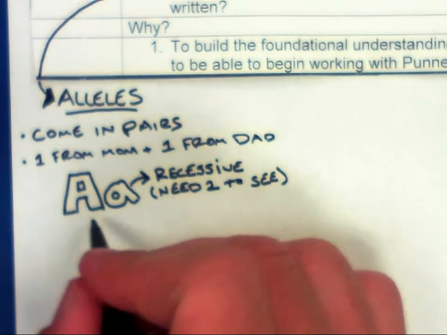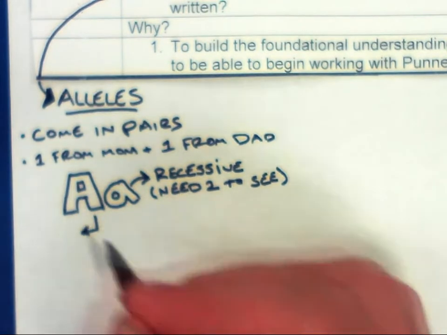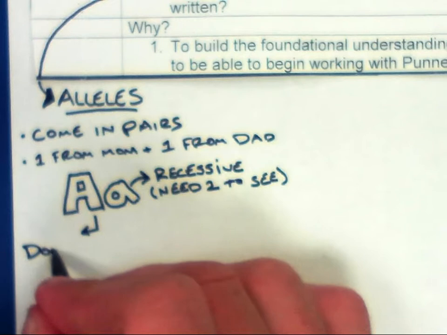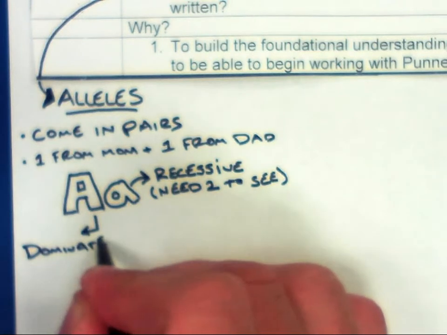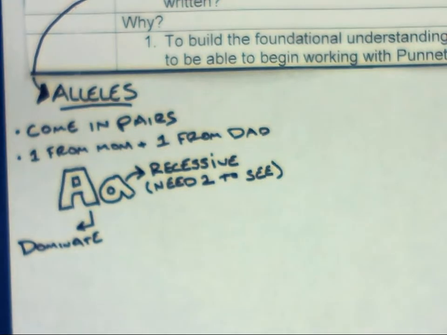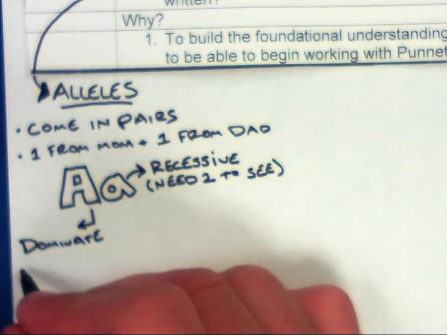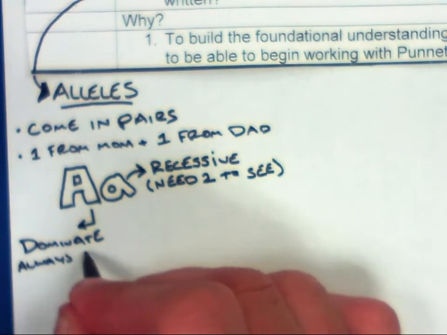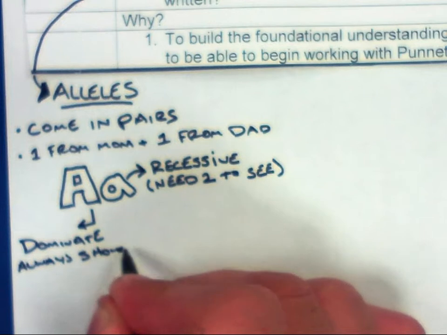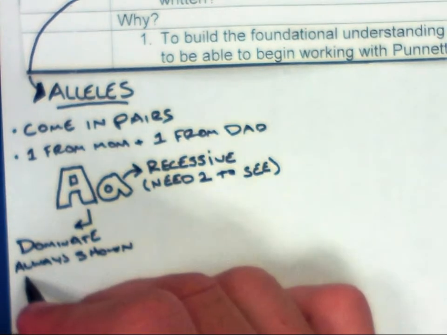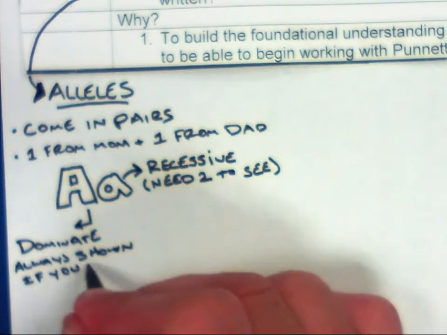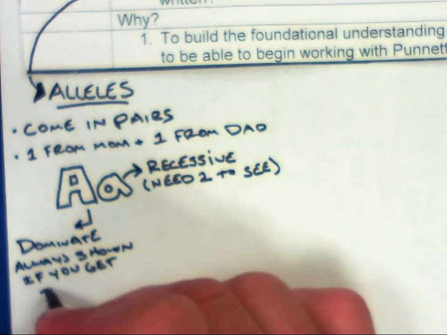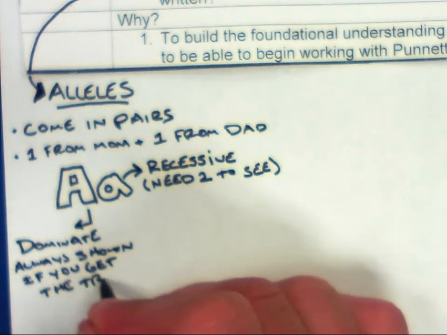So the capital letters are what? Dominant. And dominant traits are always shown if you get the trait.